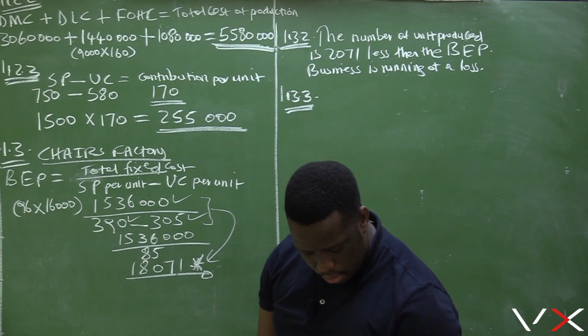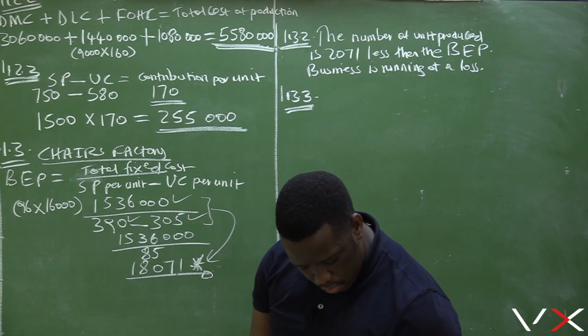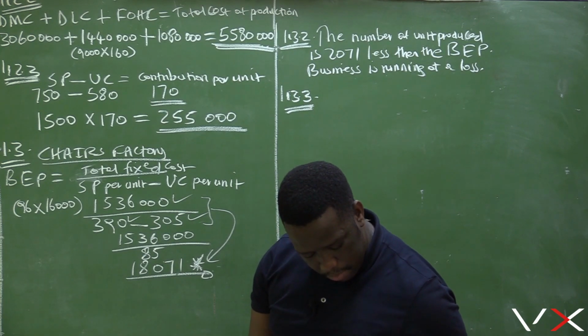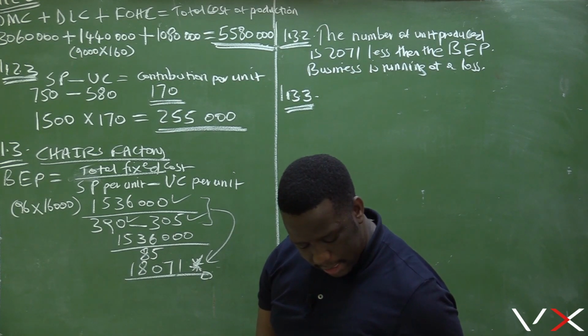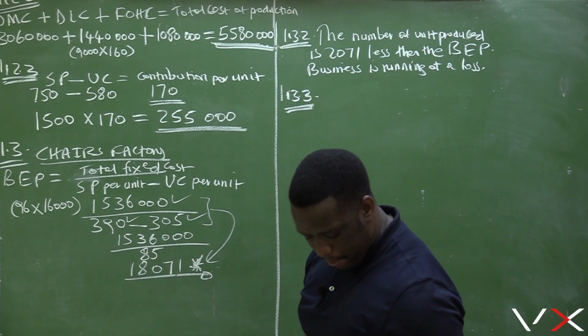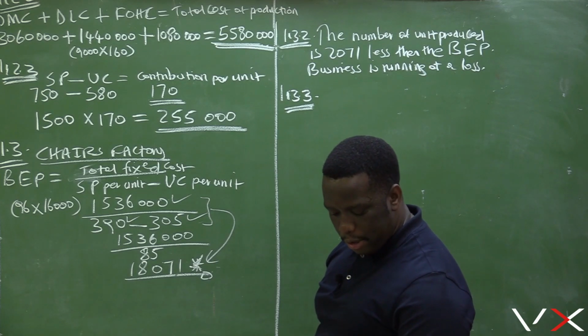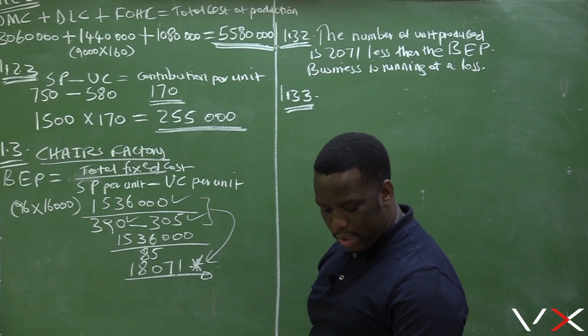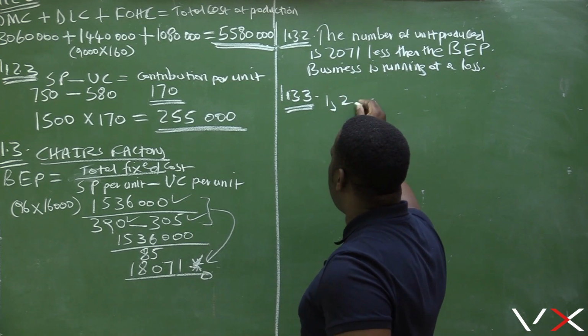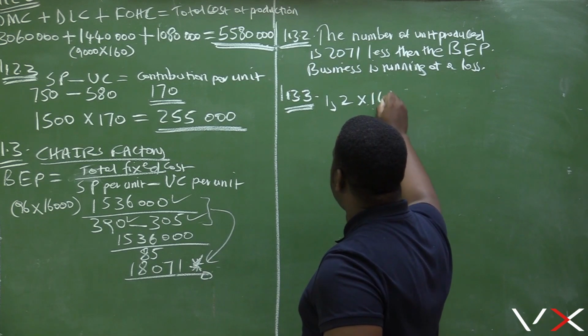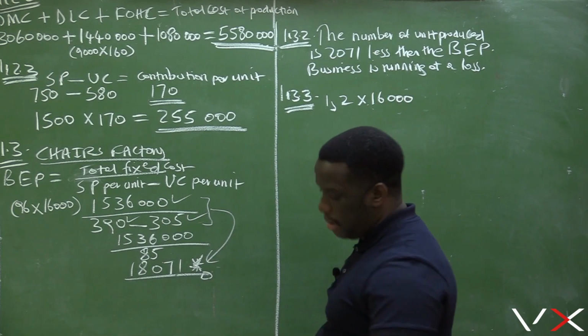Let us then go to the number of units produced for chairs. The number of units produced is 16,000 units, and 1.2 square meter of wood is needed to make one chair. So 1.2 multiplied by 16,000 chairs.